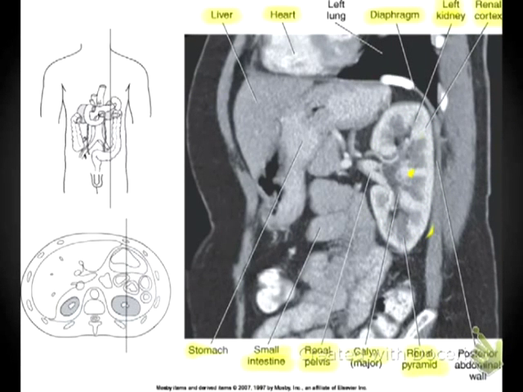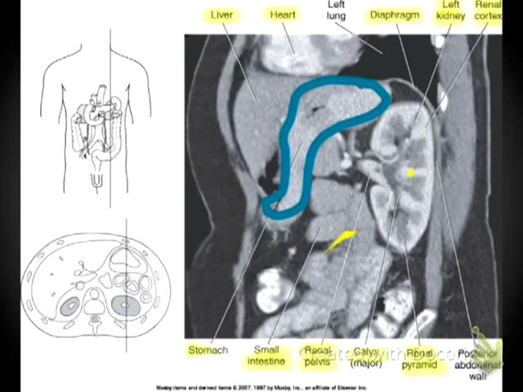Notice we do have the diaphragm coming in. We have the jejunum. And we have the stomach here, which this would be the fundus. This would be the body.